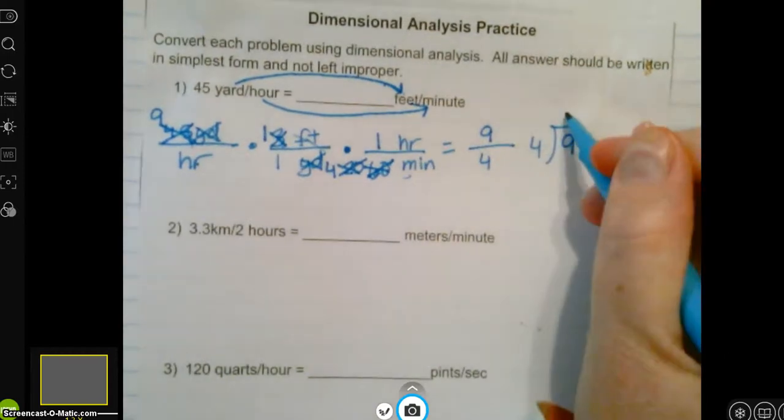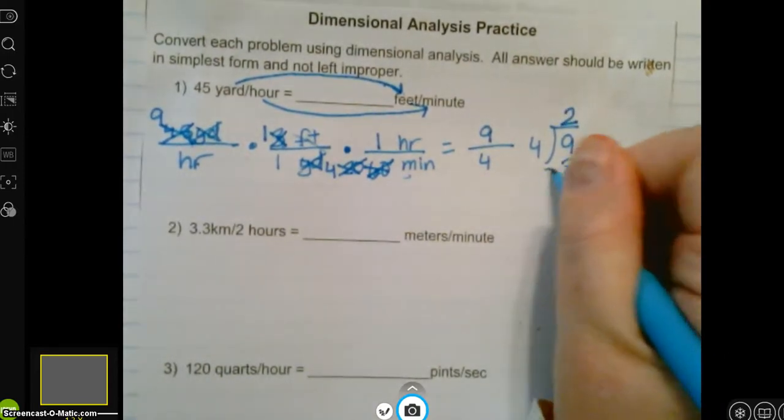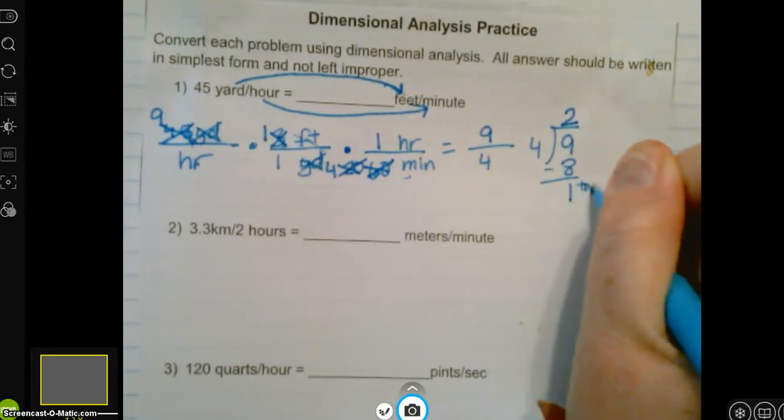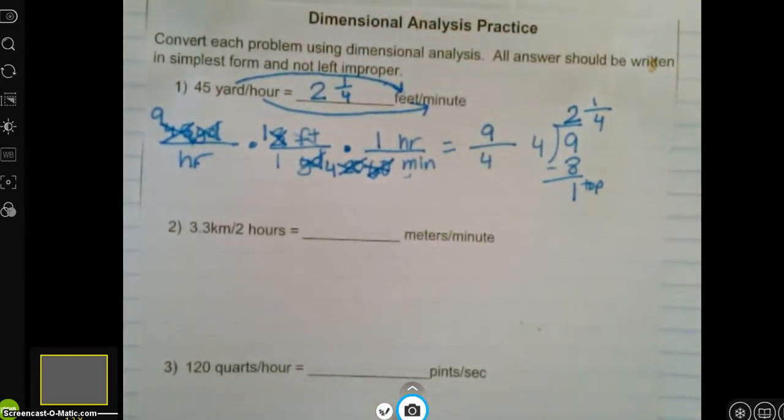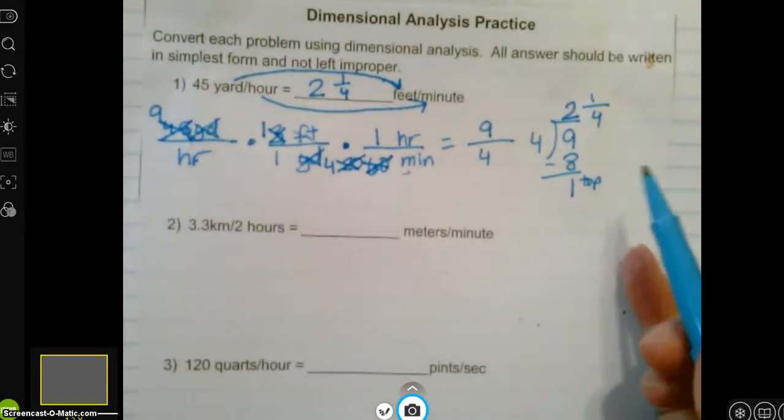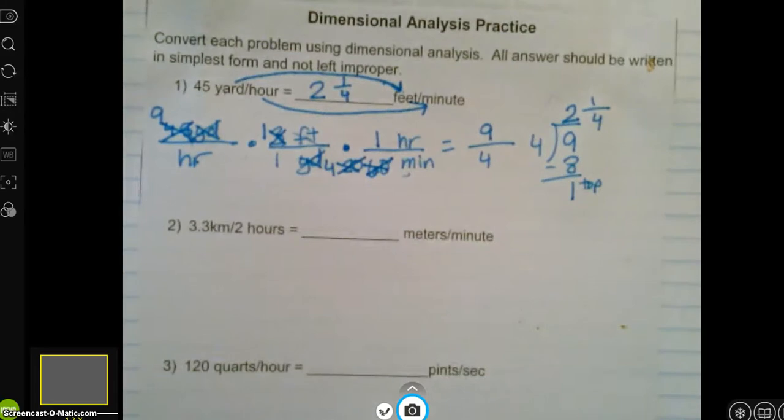Okay? So just like on our practice sheet, we divide this 4 into 9, 2, 1. Remember, this number goes on top, and the denominator stays the same. If you got ahead of me and you divided it, you got 2.25, which is also fine. I just wanted to review this for those of you that still struggle.